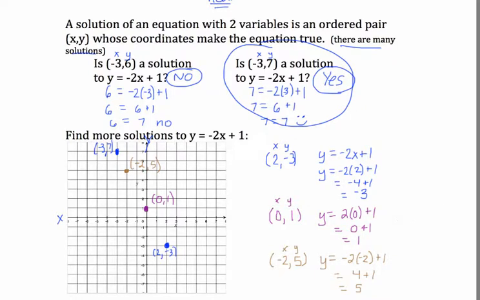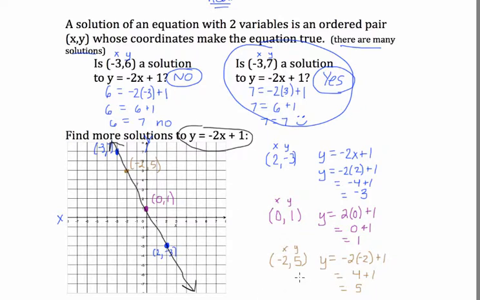All the solutions that I've come up with so far are on this line. We'll see how straight of a line I can draw. And it's true, all the solutions to y equals -2x plus 1 will be on this line.